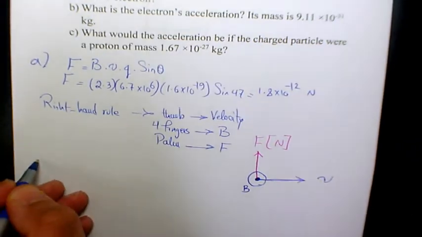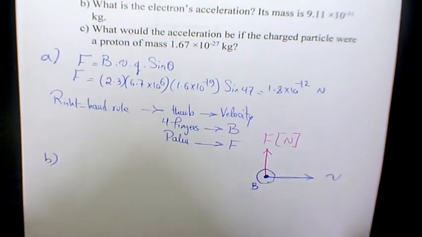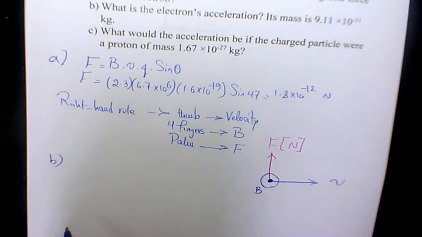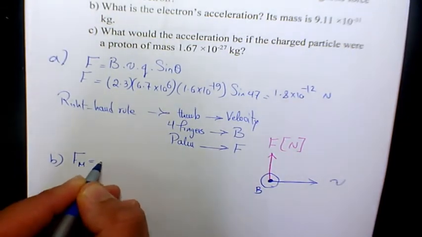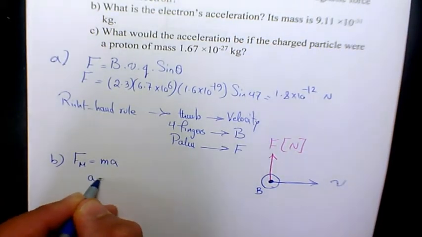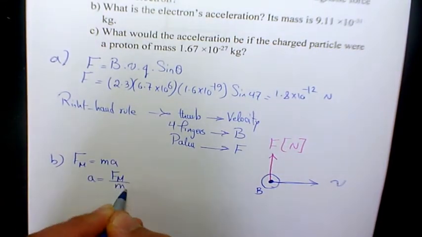Now let's do part B. It says, what is the electron's acceleration if its mass is 9.11 times 10 to the power of negative 31. So magnetic force equals ma. A equals magnetic force divided by mass.